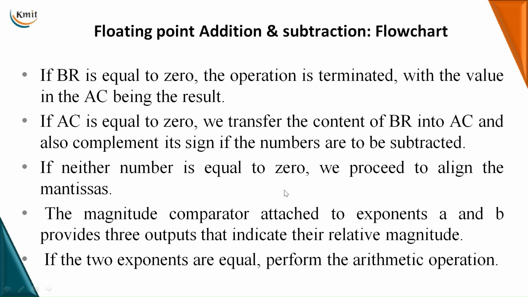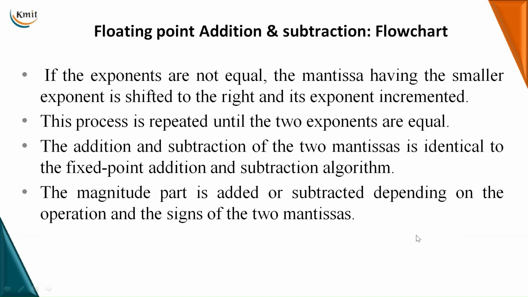The next step is aligning the mantissa part. In aligning the mantissa, the magnitude comparator is attached to the exponents A and B. If the two exponents are equal, we perform the next step, which is adding the mantissa part of your data. But if the exponents are not equal, small a and small b, then the mantissa having the smaller exponent is shifted to the right and its exponent is incremented.